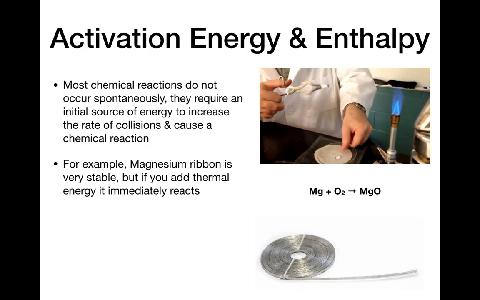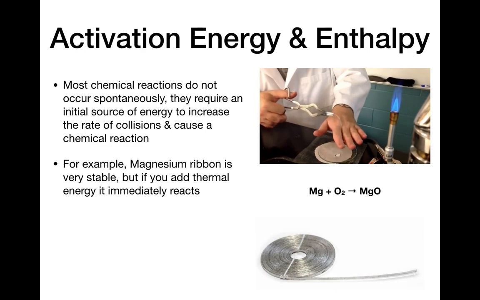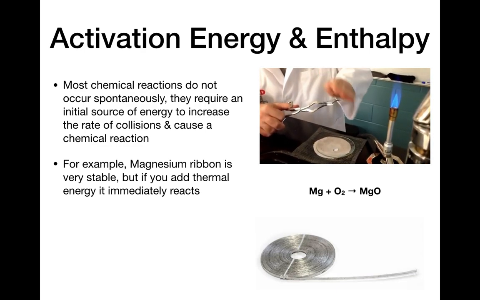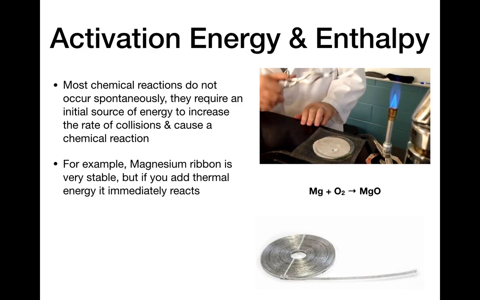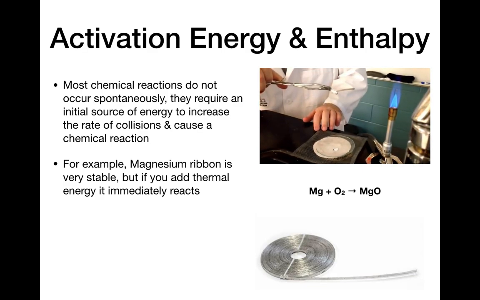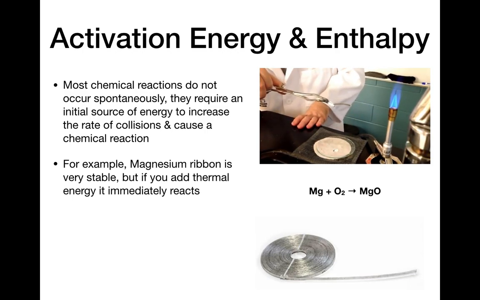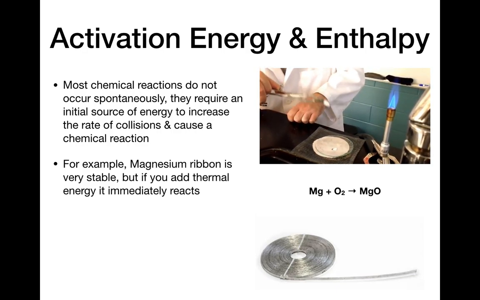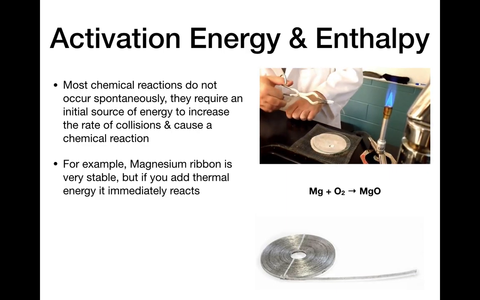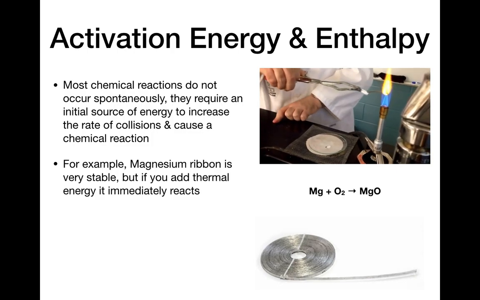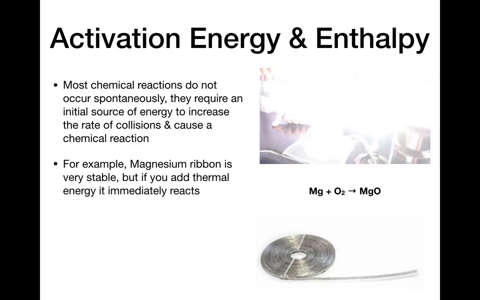And to produce magnesium oxide, MgO is magnesium oxide, an ionic compound. Come on. There we go, finally. Whoa!